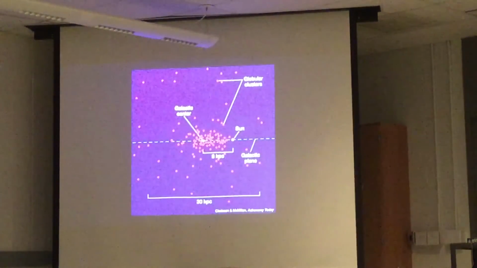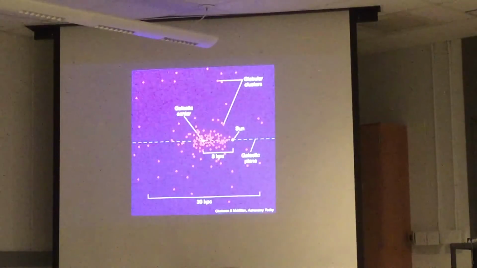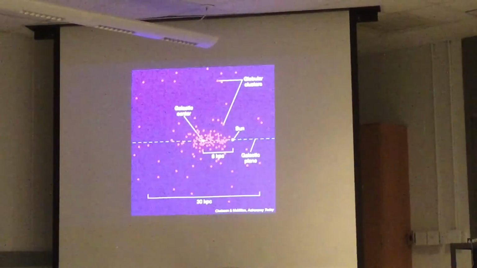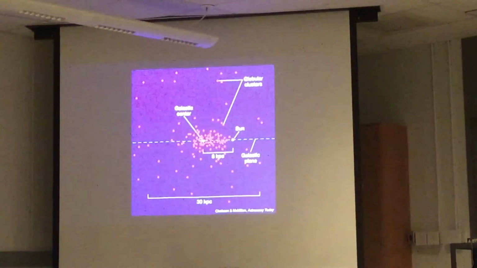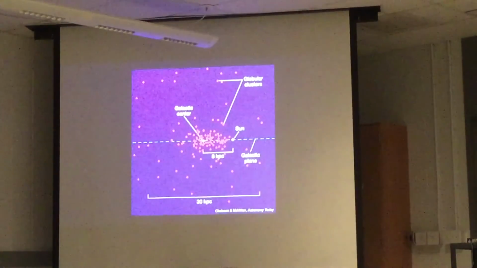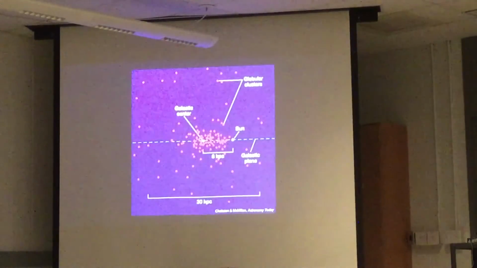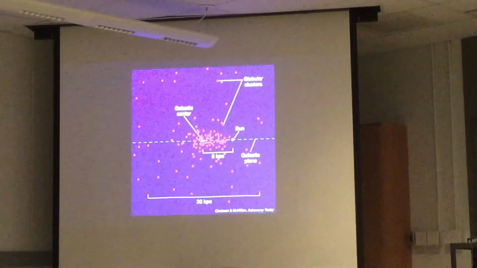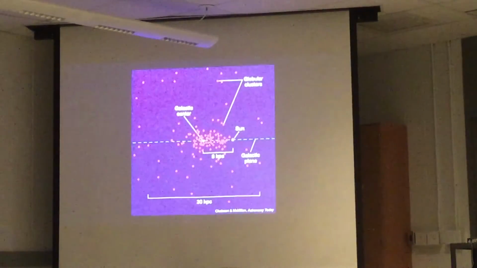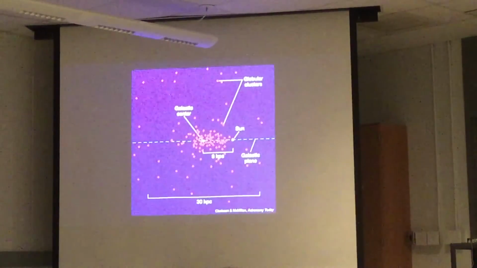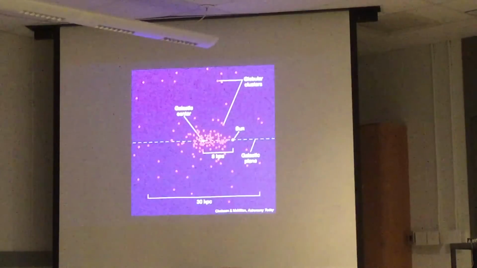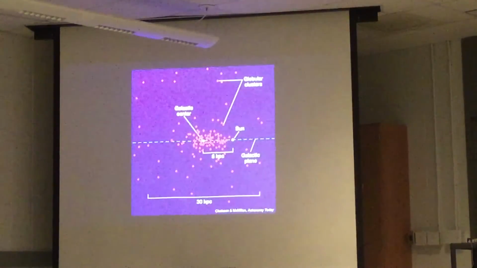And here is a modern plot of distances to various globular clusters. We can see that the globular clusters form a distribution that is pretty much spherically symmetric around a point, which we infer to be the location of the galactic center.